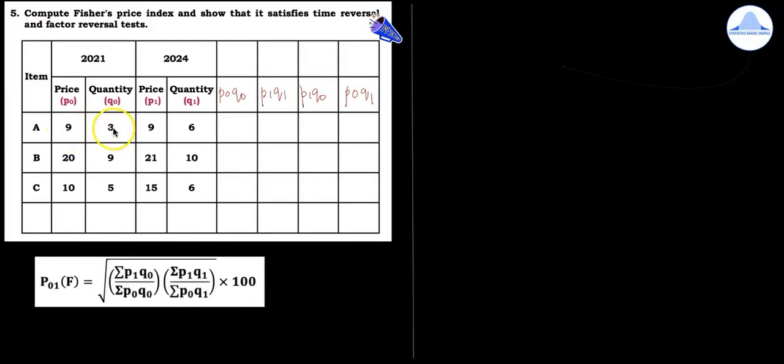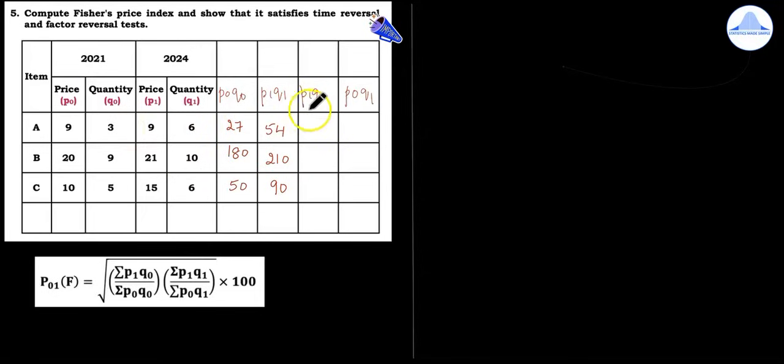So it is 9 into 3 is 27. Next is 180, and then you have 50. Then similarly P1 Q1. So 9 into 6 is 54. Then you have 210 and 90. Then P1 Q0.